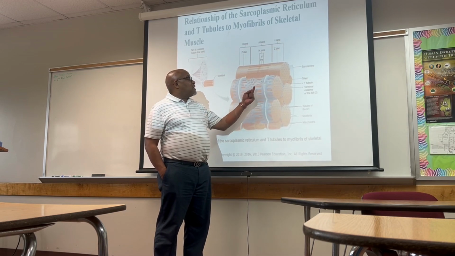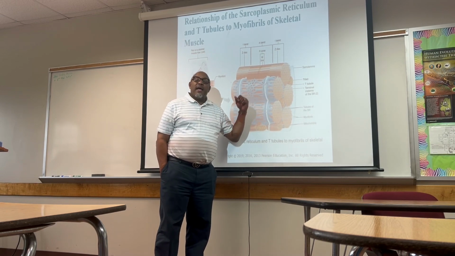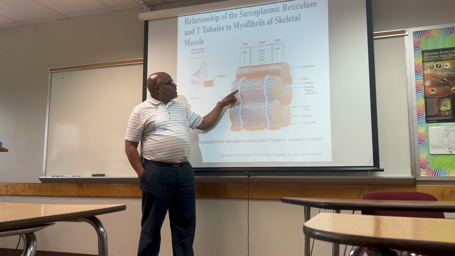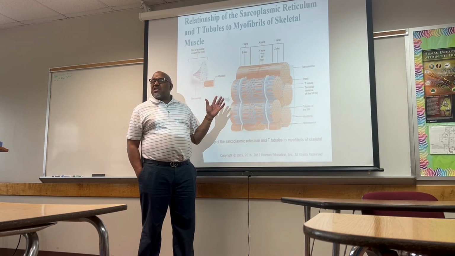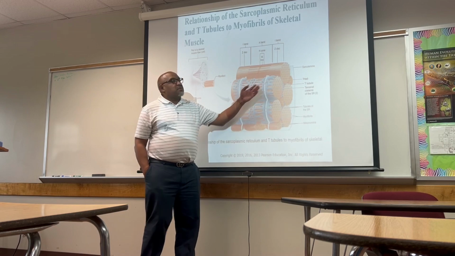So the triad is terminal cistern, T-tubule, terminal cistern. And when you're looking at the A-I band junction, it's about the distance of a sarcomere, approximately, not exactly. So that's what you're looking at.